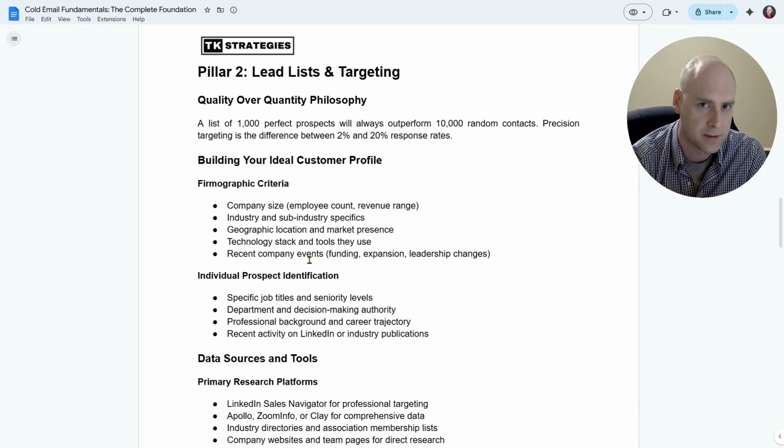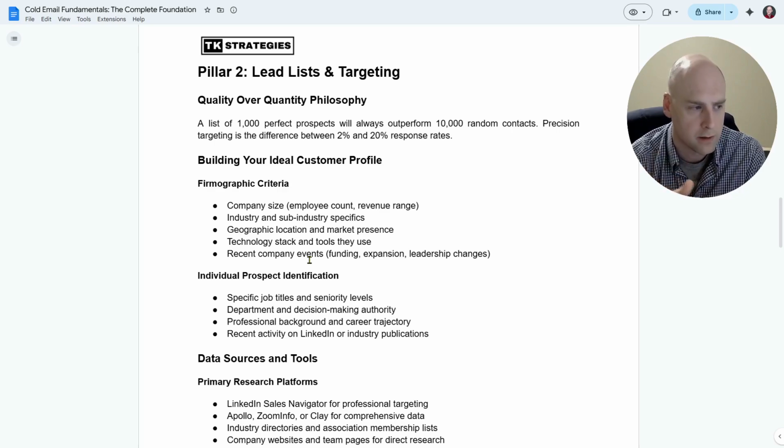So things such as company size. Are you targeting small startups that are maybe less than 20 employees or less than 50 employees? Or are you reaching out to large enterprise businesses that are hundreds, if not thousands of employees? These are factors to consider. The industry that they're in, even if they're in sub industries, the more niched you can get with your lead list, the better off you'll be.